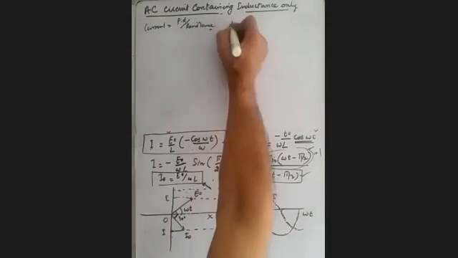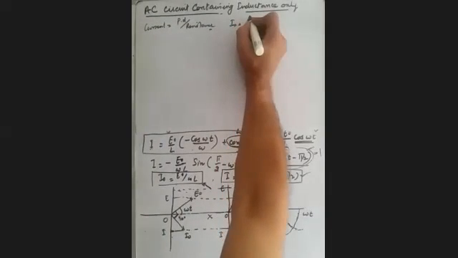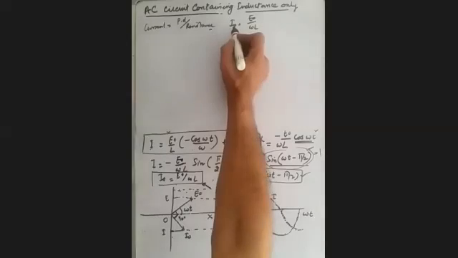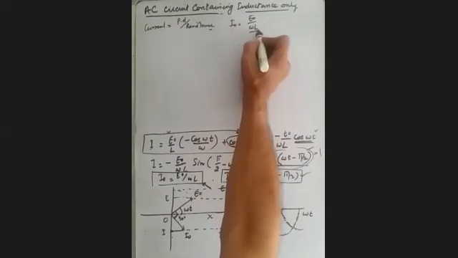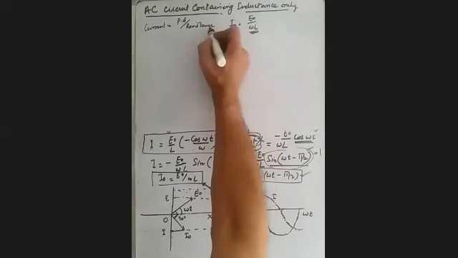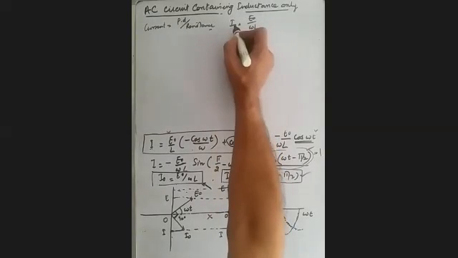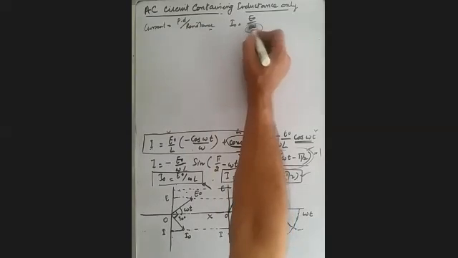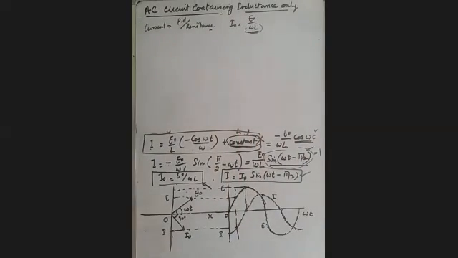Now comparing this with this, I naught is equal to E naught divided by omega L. So current is equal to potential difference divided by this quantity, which is serving as resistance, which is limiting the current. So this is what is serving like a resistance in a DC circuit.